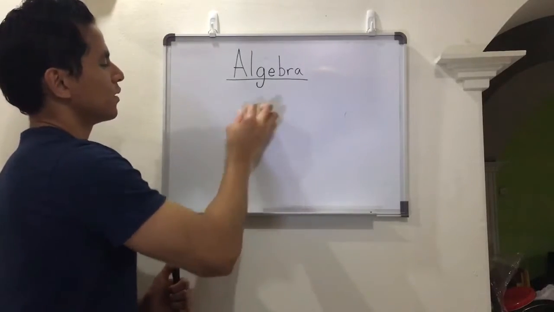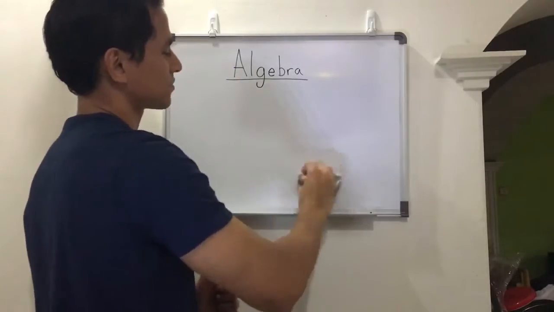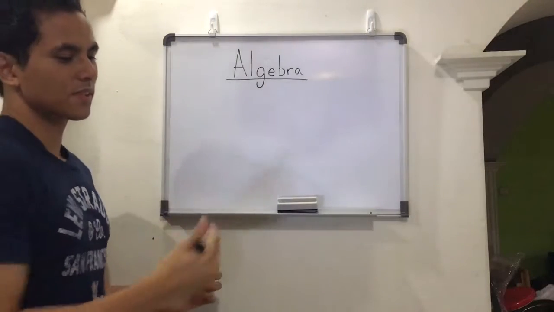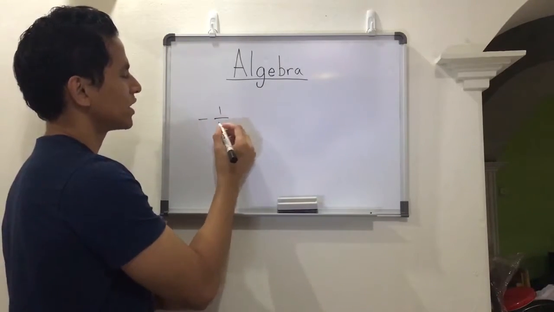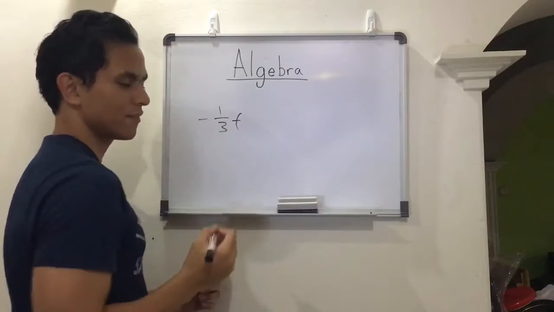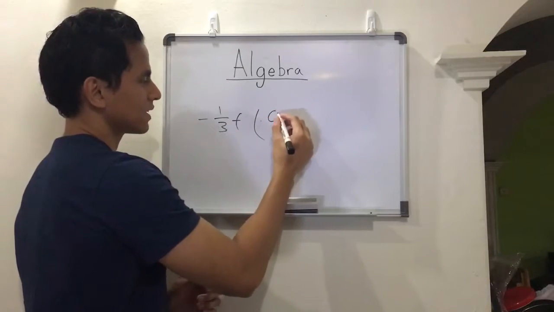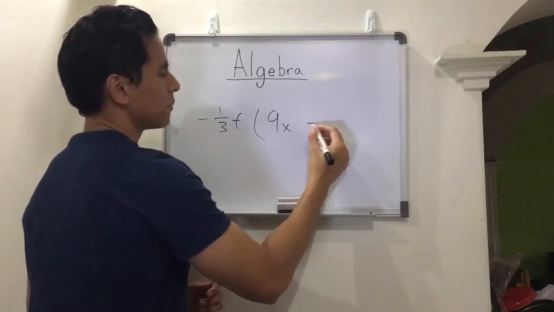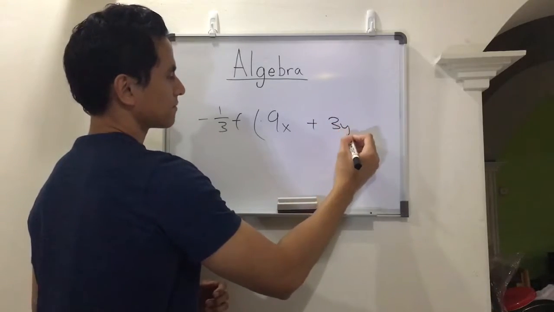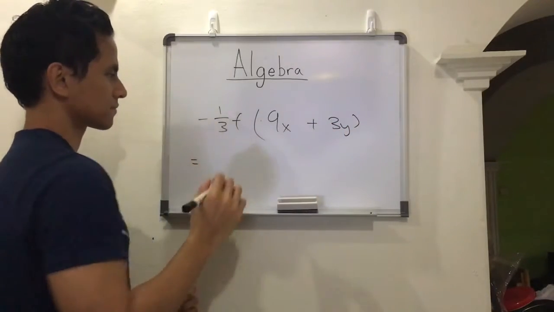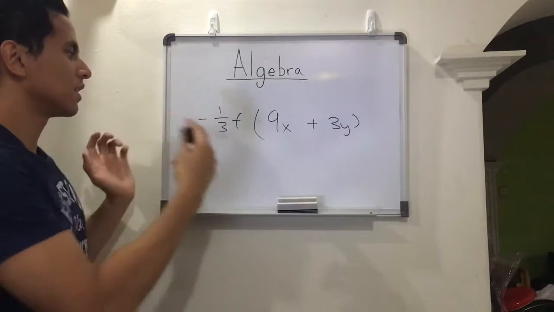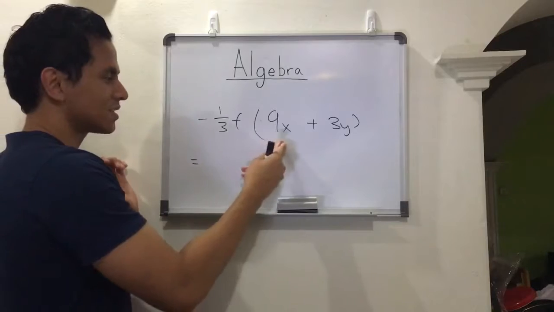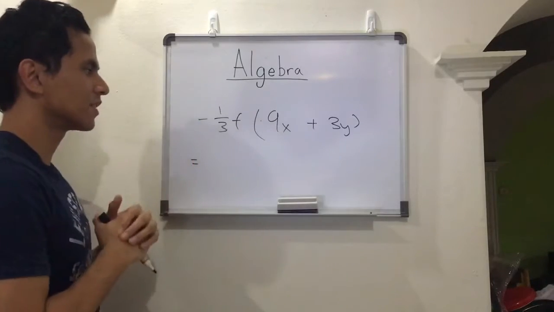So I'm going to go with this last basic example here. What if we use now negative 1 over 3 f times 9x plus 3y? Okay, so we have to multiply this with this and this with this again.